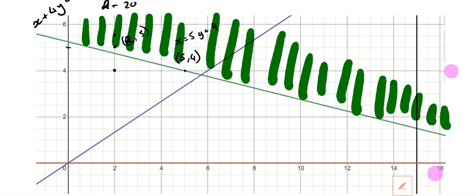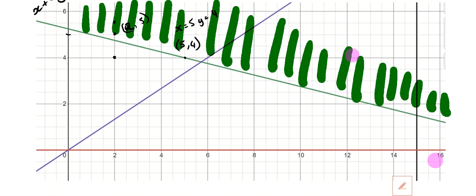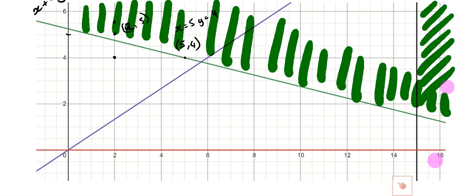The black line here is at 15. I've got to have when x is less than 15, so we have to shade the left hand side, so we can shade that. Now you notice how I'm shading all the way down. I'm not stopping at any of the other lines because when I'm doing it one at a time, I don't have to worry about it.